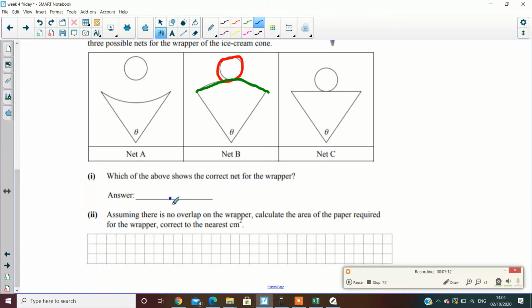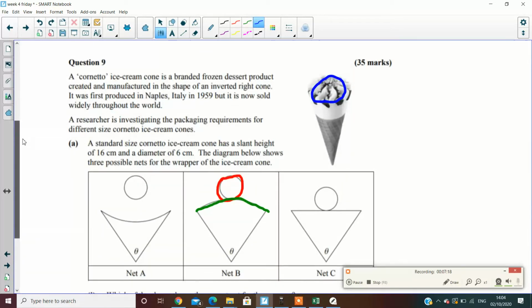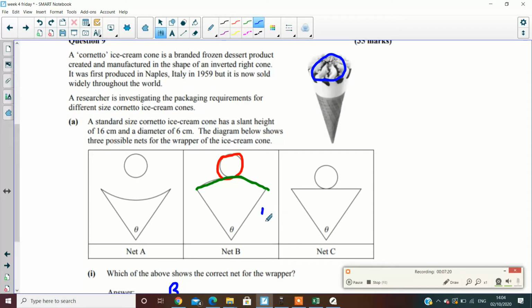The answer is B. Assume there's no overlapping wrapper, calculate the area of the paper required. Now, what does it say about the slant length? Slant length is 16. Radius is 3.